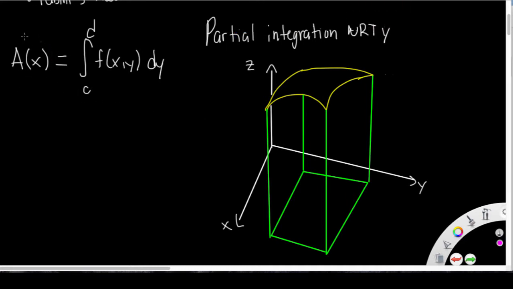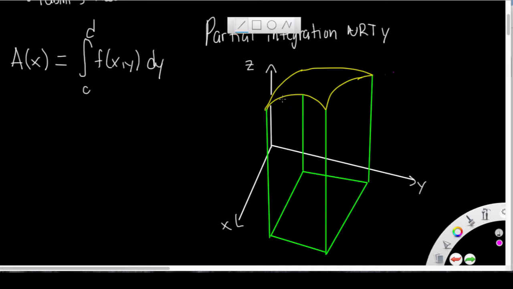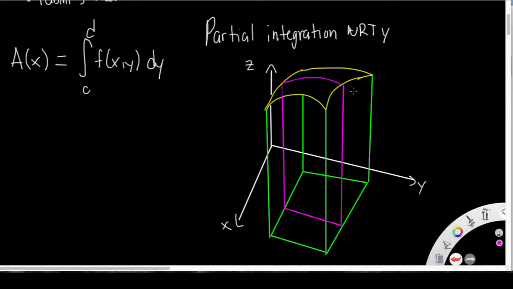Now what we have, again, is area. So I'm going to draw some cross-sectional area perpendicular to the x-axis from value c to d. And the surface here is described from c to d along the y. And as you can see, I've drawn some cross-sectional area. I'll call it A of x.